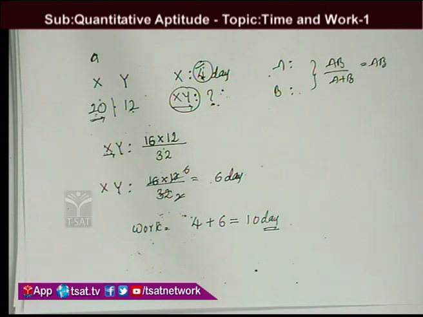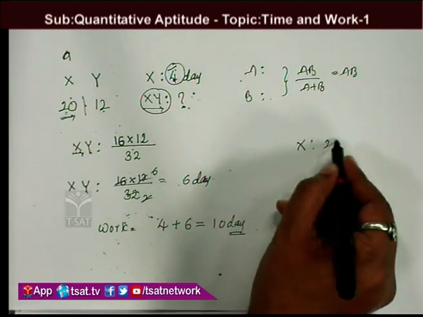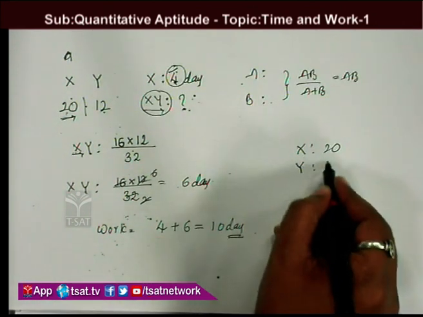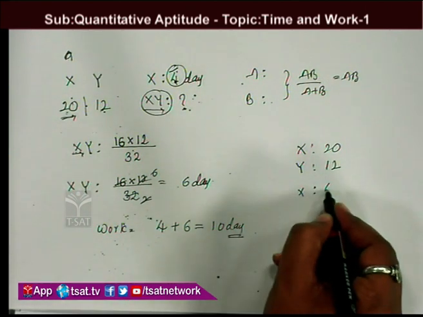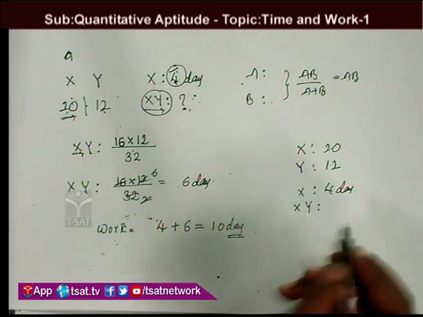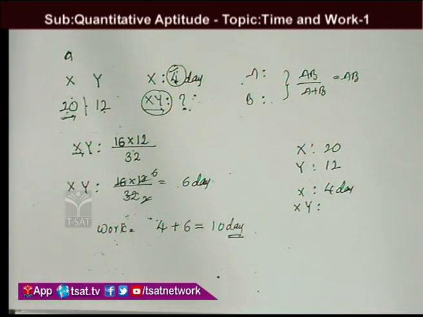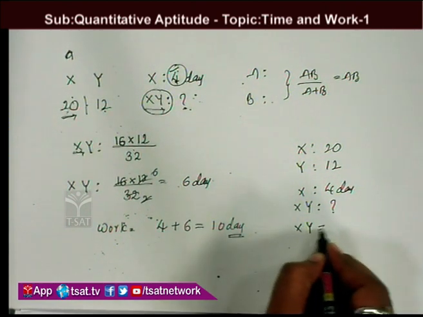That is a very, very simple question. So, in the examination hall, how do you think? x takes 20 days, y takes 12 days. Now, x alone began the work for 4 days, later x joins with y. So, you have to find the work of both x and y.